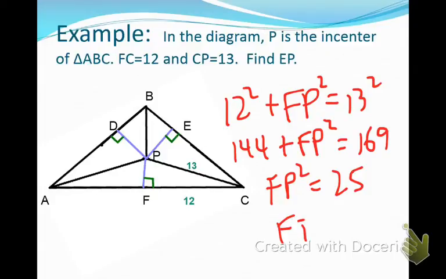FP equals 5. Now, FP is 5. So what's EP going to be? Carly, if FP is 5, what's EP? 5. It's 5, right, because this is the incenter, it's equidistant to the sides. So EP would be 5. Any questions? All right.